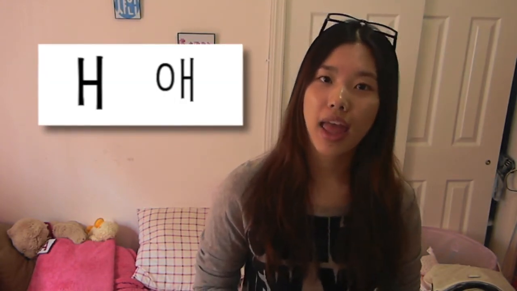Now the next vowels we are going to learn are the 5 iotized diphthongs. So basically we're gonna go over them and you'll kind of see why it's called a diphthong, okay? So the first one is Ae.